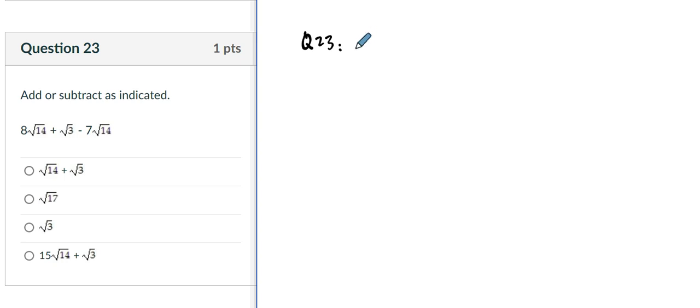Question 23 says that we want to add or subtract as indicated. We have a first one, which is 8 times radical 14, plus radical 3, minus 7 times radical 14.